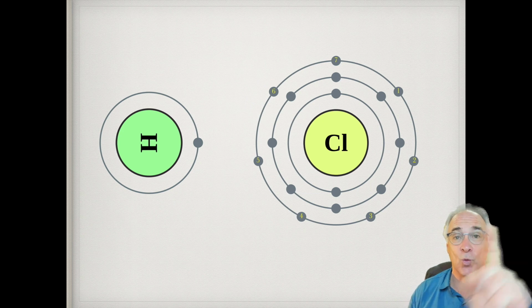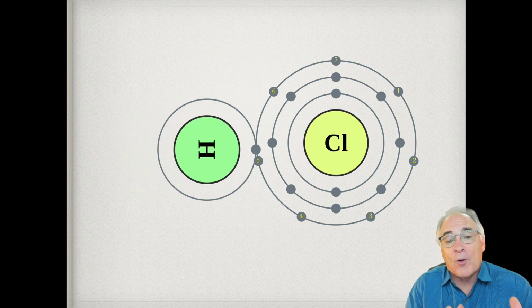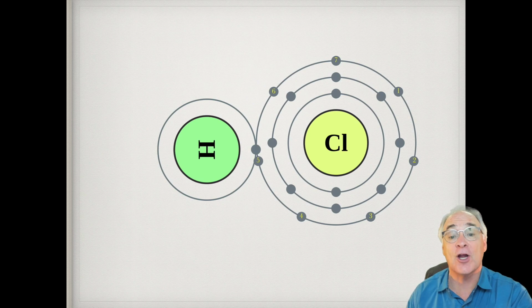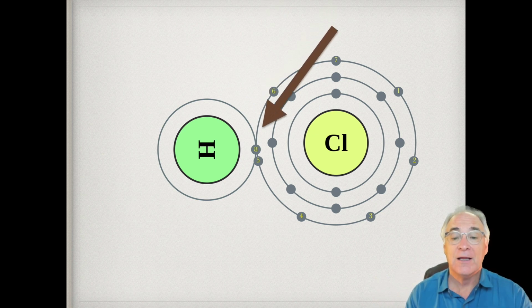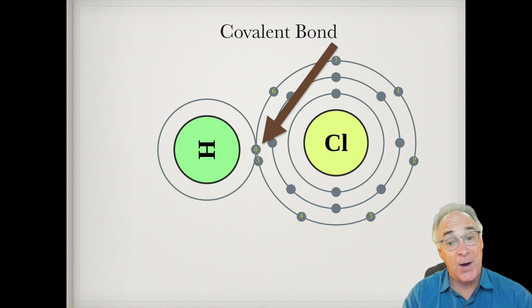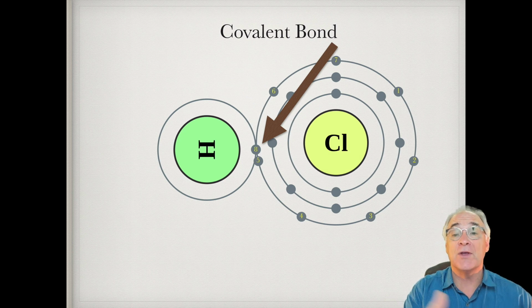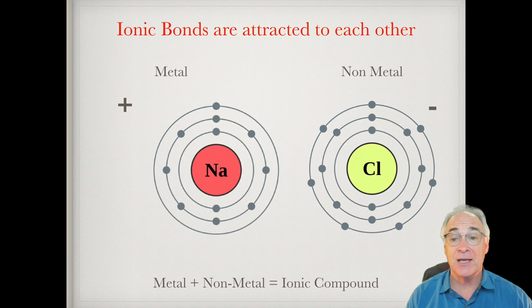Now, hydrogen has 1 electron, so it makes a pretty good partner for chlorine. If the chlorine and hydrogen share that 1 electron from hydrogen, that makes 8. Because they're sharing this electron, they form what we call a covalent bond. These covalent bonds share the electrons in their valences and can be stable.